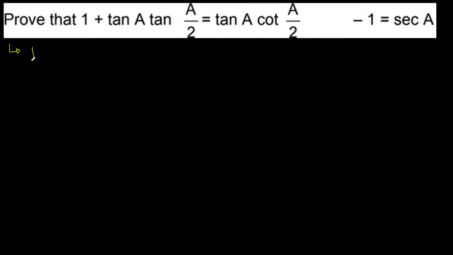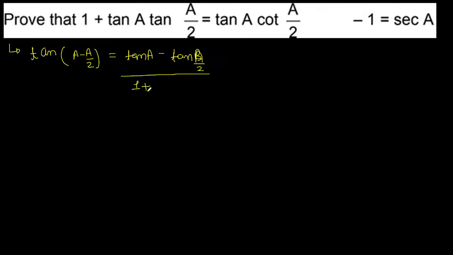Okay, I want to just tell you that we know that tan(a minus b) is equal to (tan a minus tan b) upon (1 plus tan a tan b).